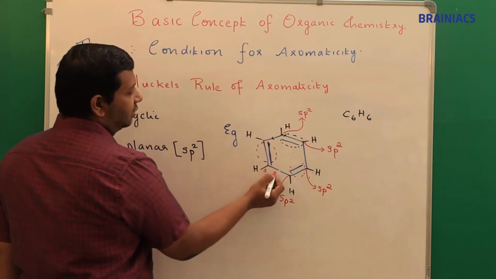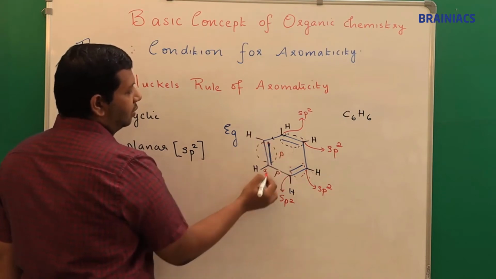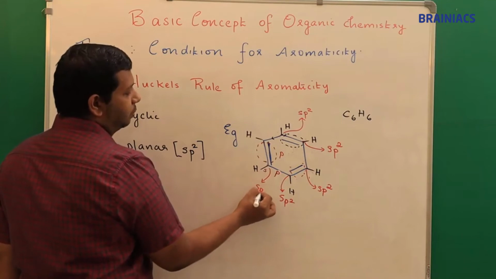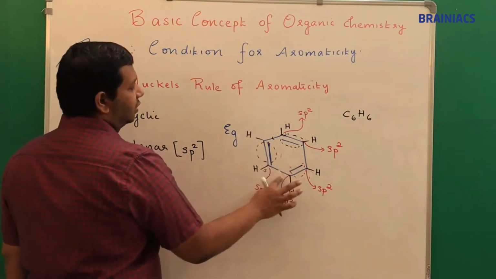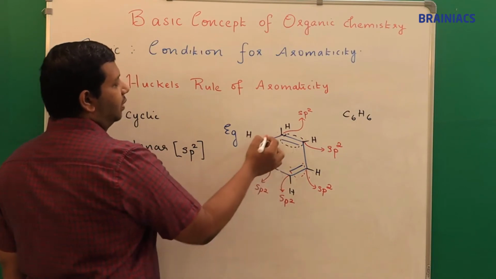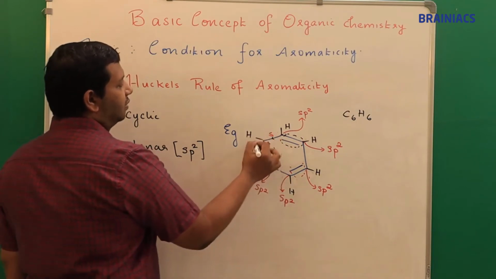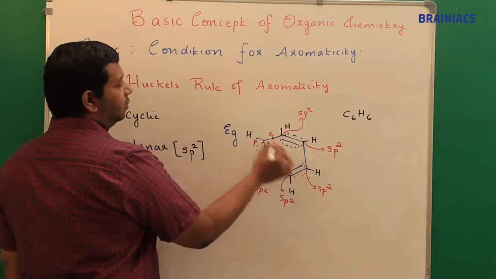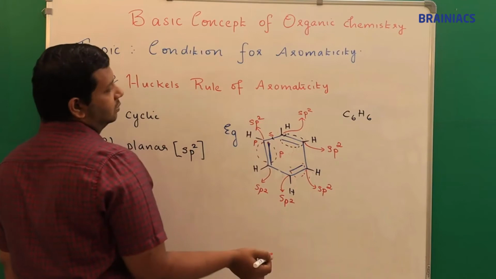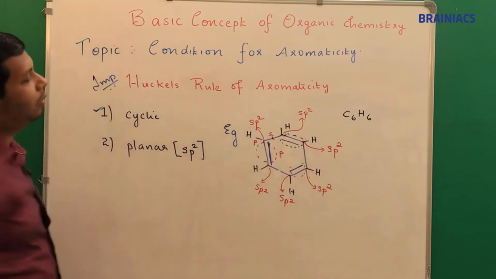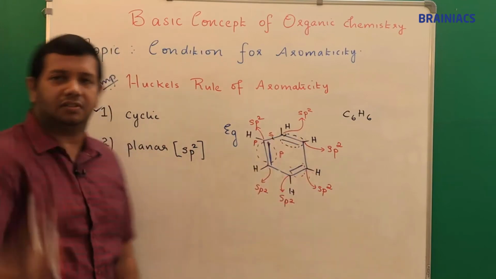Now this is S, this is P and this is P. So what is the hybridization of this one? sp2. Understood? Let me go to the next carbon atom. Coming to this one, this is S, this is P, this I am taking together, so this is P. So the hybridization is sp2. Understood? So I identified that for all the 6 carbon atoms, the hybridization is sp2.